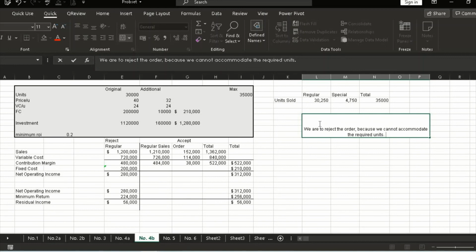And also, if we accommodate the maximum units that we can, which is 4,750 units, instead of sacrificing units of regular sale, we have to add 250 units of regular sale just to compensate for the residual income lost in accommodating the 4,750 units that is sold at a price of $32.